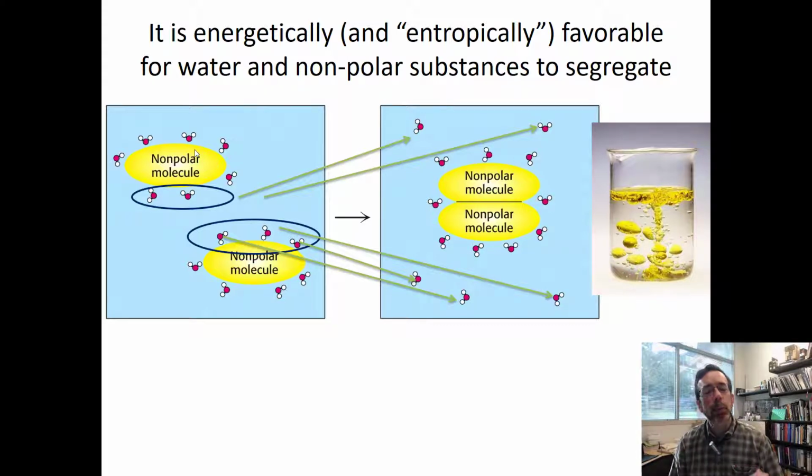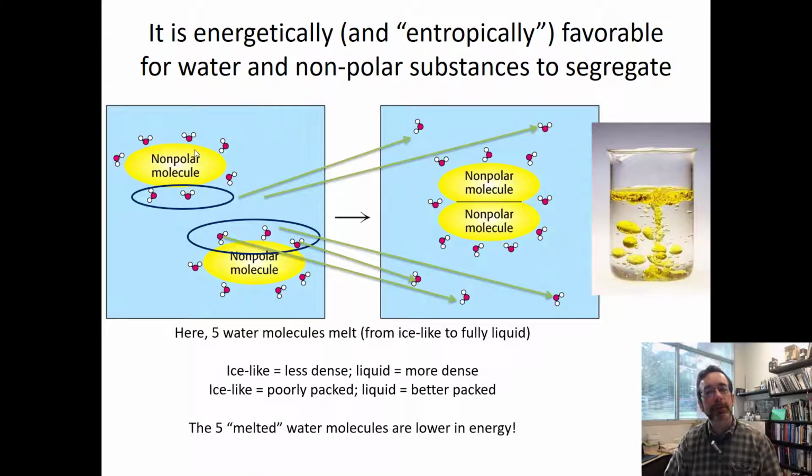And think about what is the difference between left and right for those 5 molecules. When the 5 water molecules are next to the nonpolar molecule, they cannot form hydrogen bonds to the nonpolar part. So therefore, they are actually able to move less. That's why I say here they are more like ice.